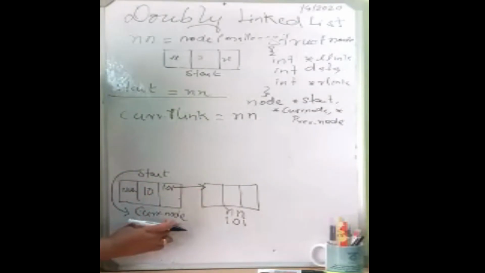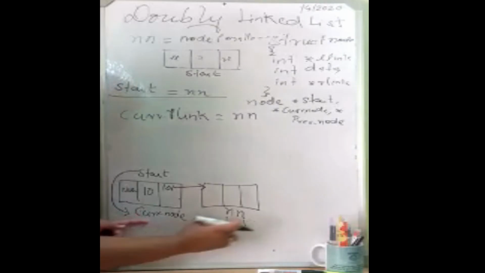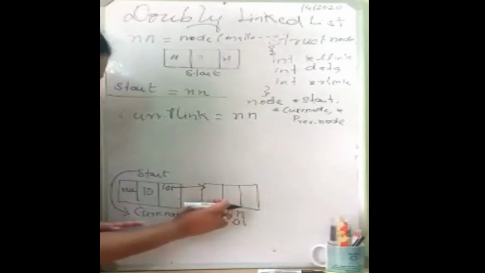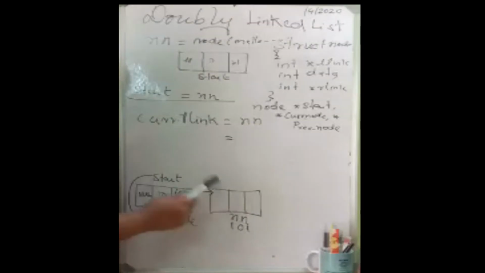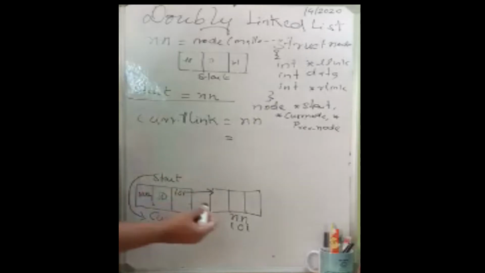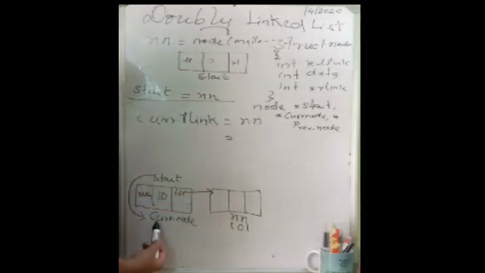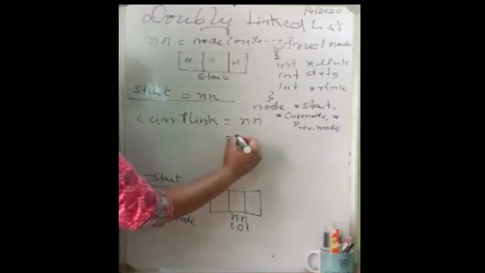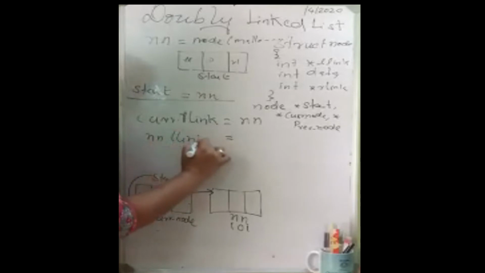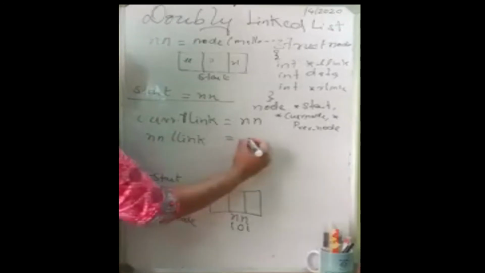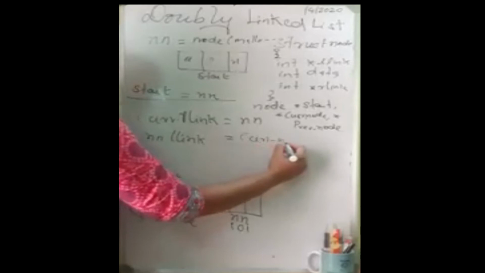I have one more pointer called current node, right? So in the new node left link, we have to store the address of current node, right?